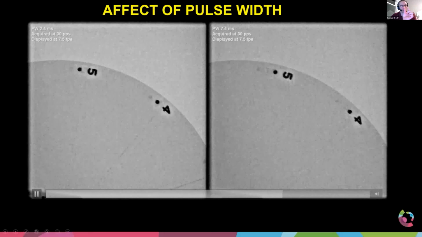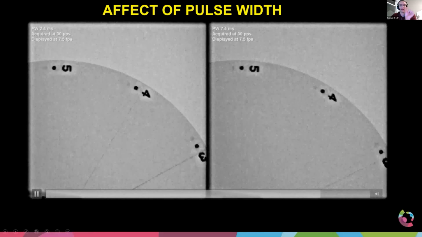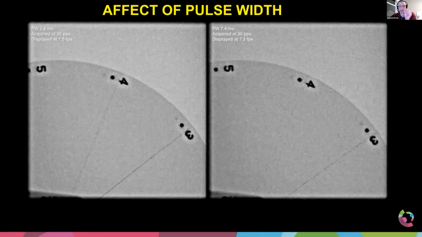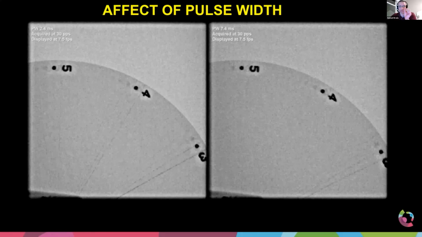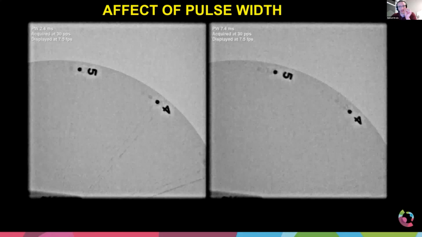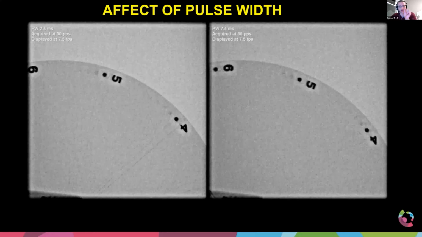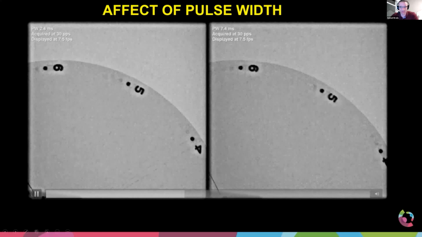So you want short pulse widths if, for example, the arteries that you're imaging, say you're imaging the arteries of the heart and they're pulsing, they're moving, and it's a little kid, you've got really, really small arteries, then you need to get that pulse width as low as possible. So even though it's moving, you can still collect that and it's not blurred out to the point where it just disappears as it does here on the right-hand side.